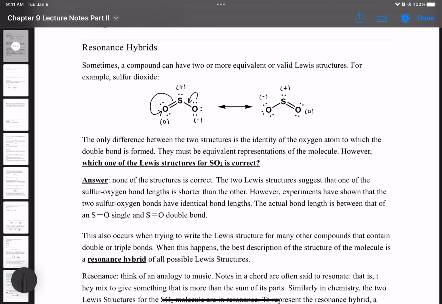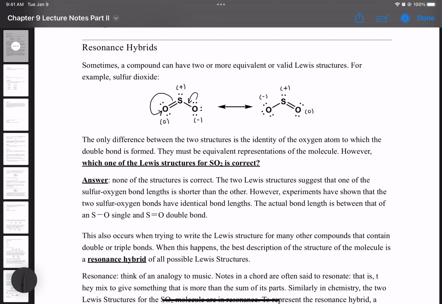So this can't be explained by just looking at one structure, because one of them has a single bond and one of them has a double bond. So we say the actual bond is intermediate, or in between that of a single S-O bond and a double-bonded S=O bond.